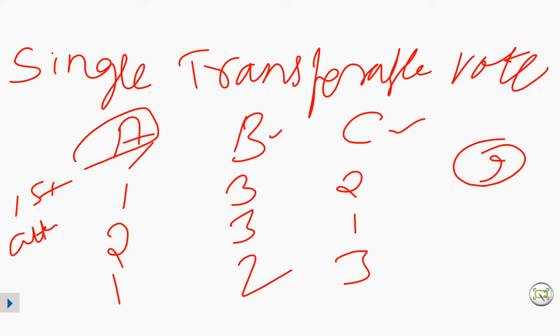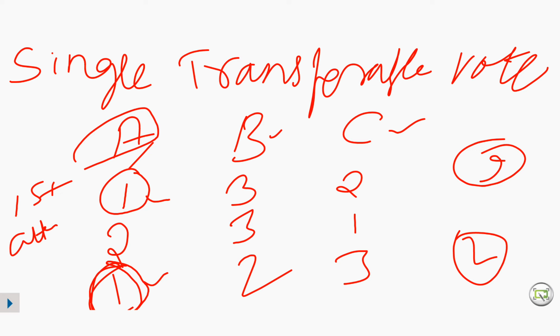So what will be the first vote count? They will see how many first priorities each candidate standing for the election of president got. One got 2 times, another only 1 time, and the other 0. So he will be removed from the election.